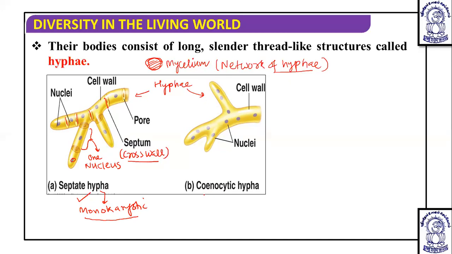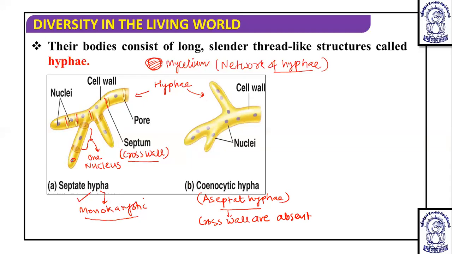But when we talk about coenocytic hyphae, they are aseptate hyphae. In aseptate hyphae, what happens? The cross walls which are found in septate hyphae are absent. And if the cross walls are absent, then multinucleate hyphae will form.